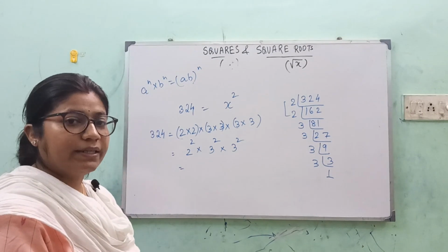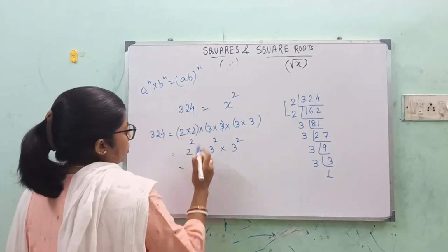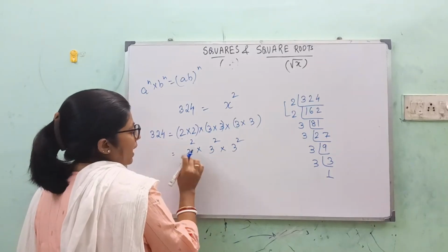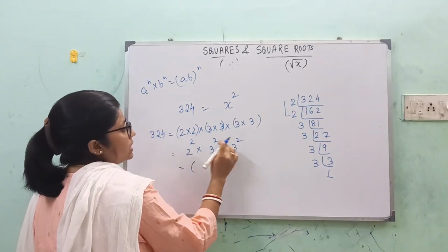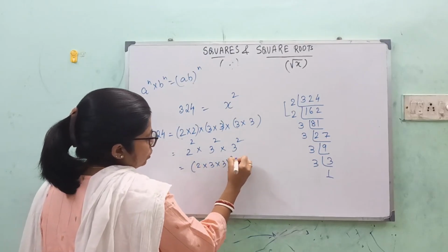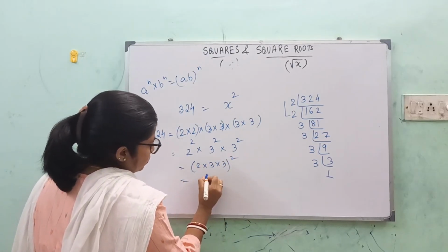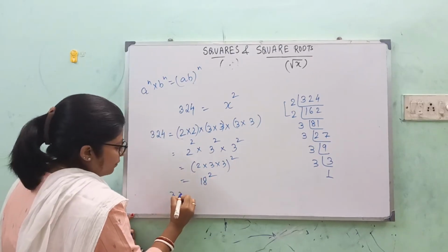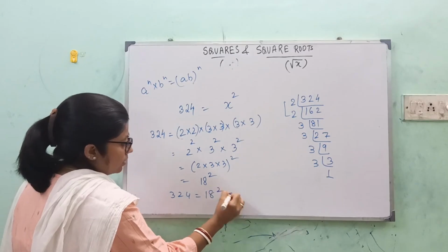The chapter has been done over there. Since all of these three numbers have bases with the same power, we can write 2 into 3 into 3 whole to the power 2. So this is 18 square. So this 324 is 18 square.